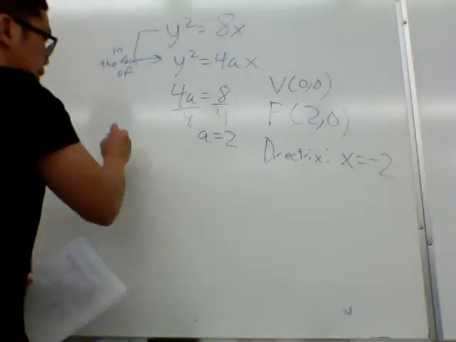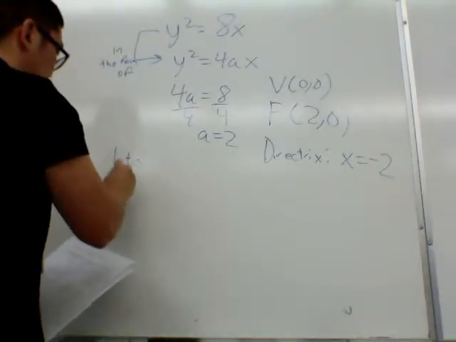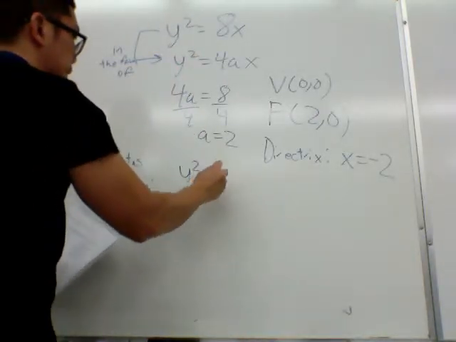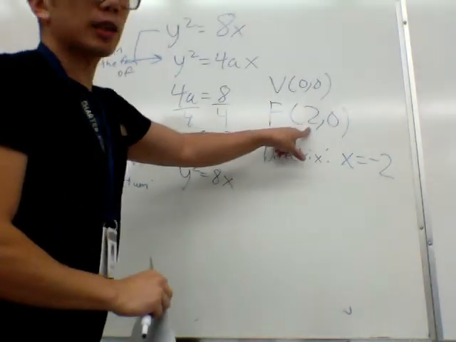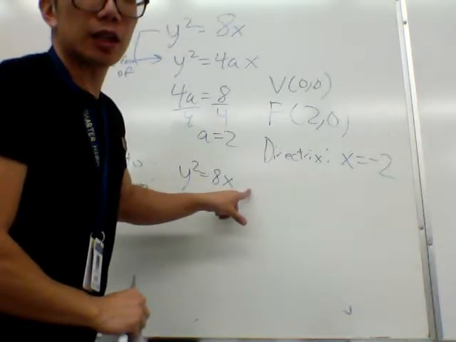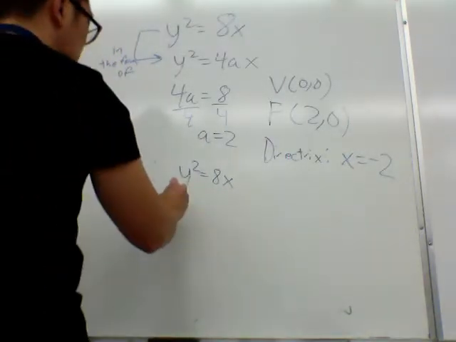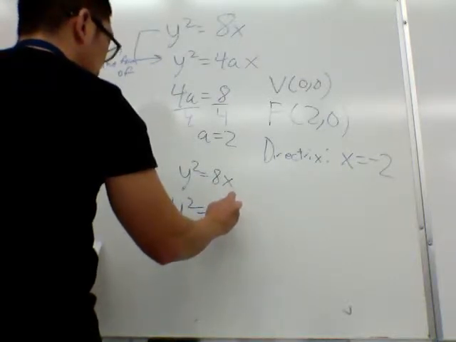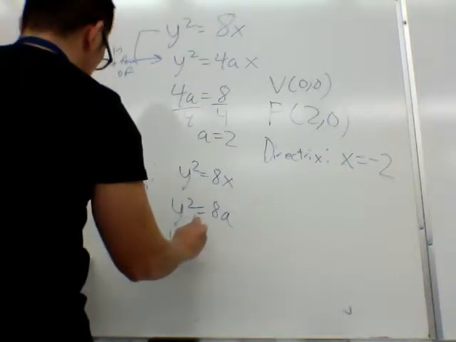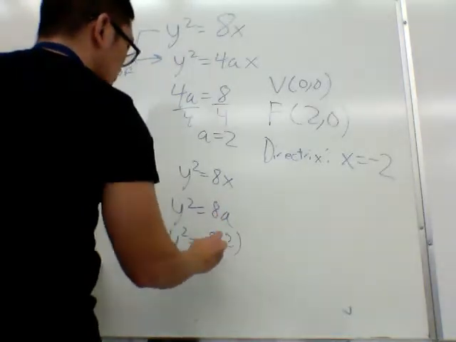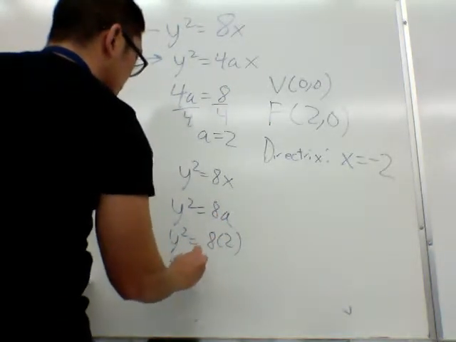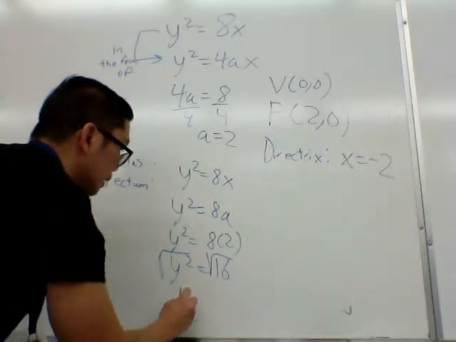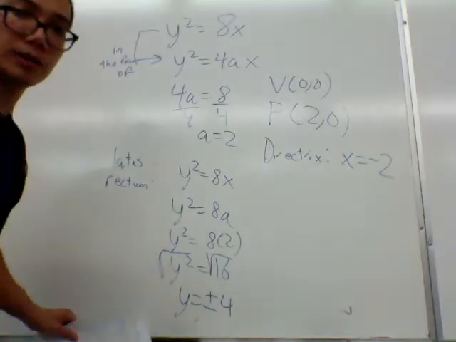Now let's just find the latus rectum. Okay, so if my equation is y squared is equal to 8x, remember we just look at our focus, and whatever this value is here, we're going to plug it into x. So y squared is equal to 8a, so y squared is equal to 8 times 2. So y squared is equal to 16. And if I square root both sides, I get y is equal to plus or minus 4.